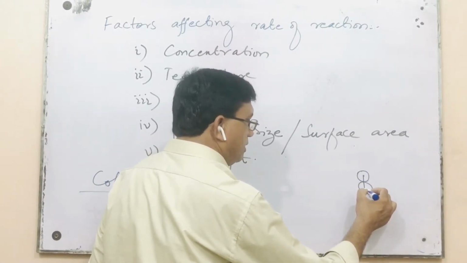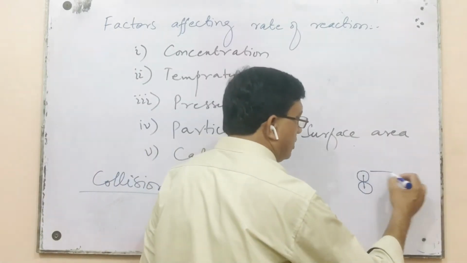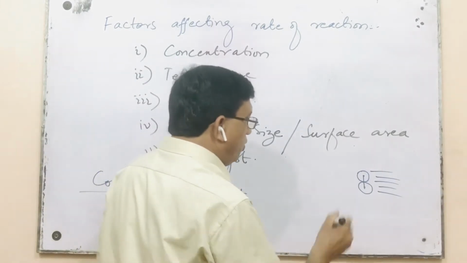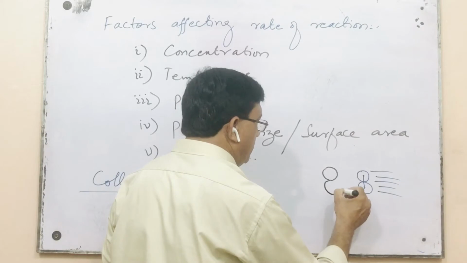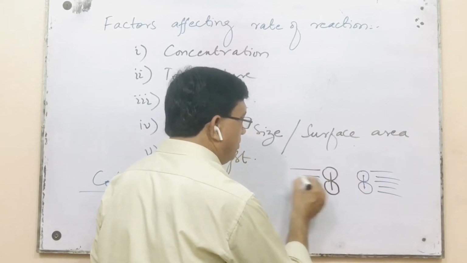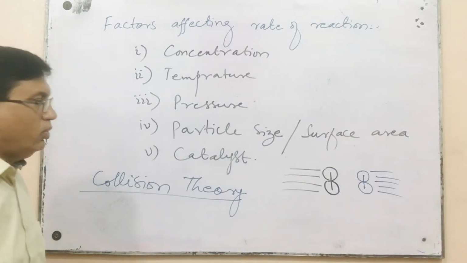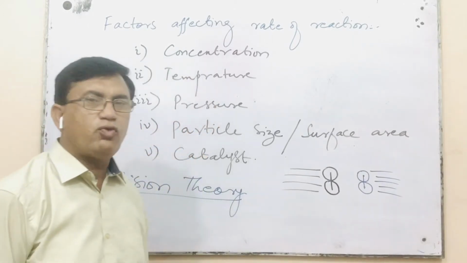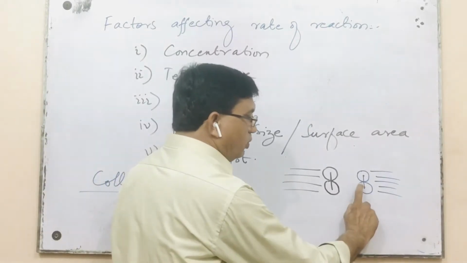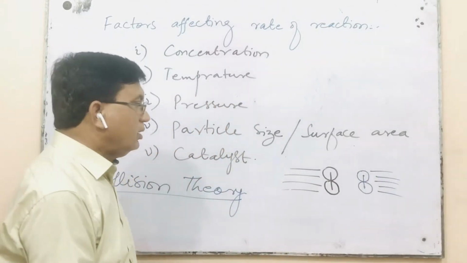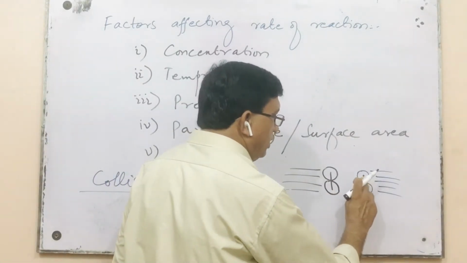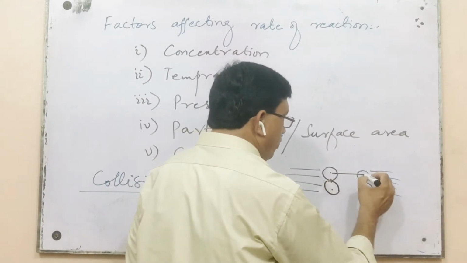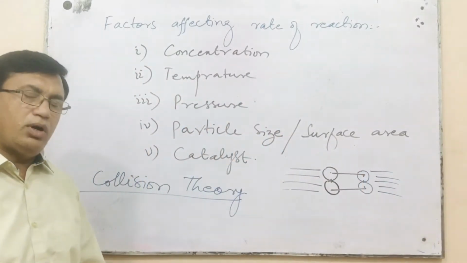if these are the molecules of one reactant coming from this side, and this is the molecule of another reactant coming from this side. Both of these will collide with one another, and if as a result of collision their older bonds are broken, then immediately new bonds will be formed quite easily, and the product will form.